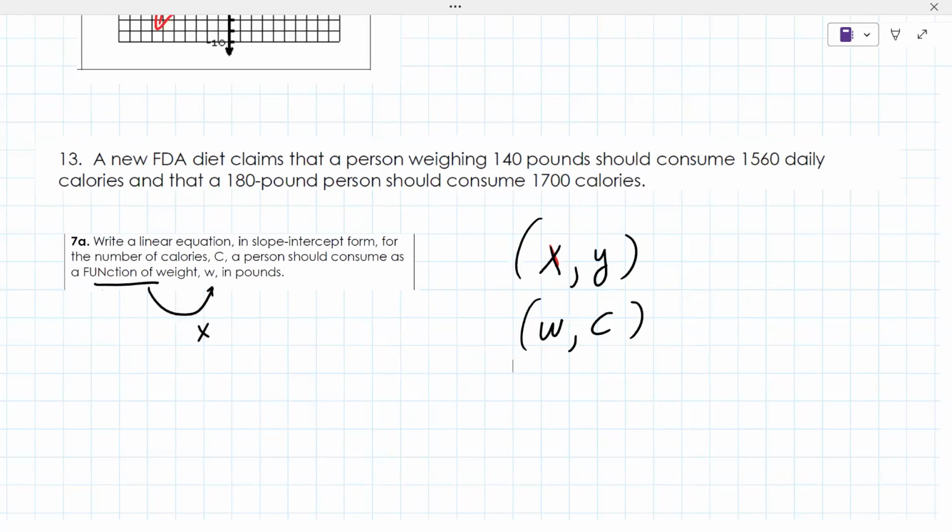All right, sorry about that, Karthik. So you should have gotten 140 comma 1560, and 180 comma 1700.